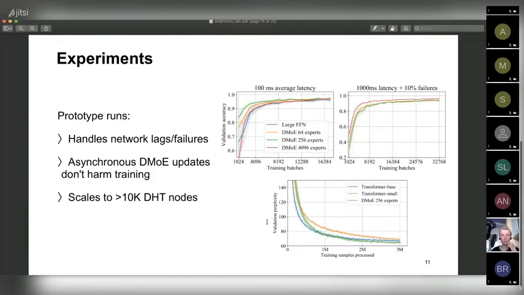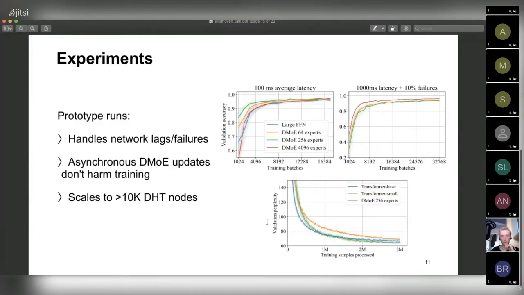First of all, we achieve higher quality even on simple tasks when we're trying to train with a high number of experts instead of a single model which is trained asynchronously. This is related to the issue of gradient staleness, which arises when you're trying to apply gradients to a different version of parameters.